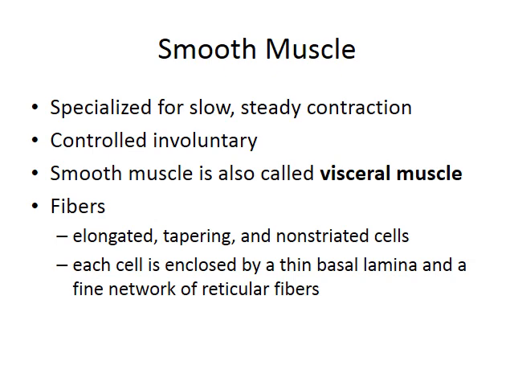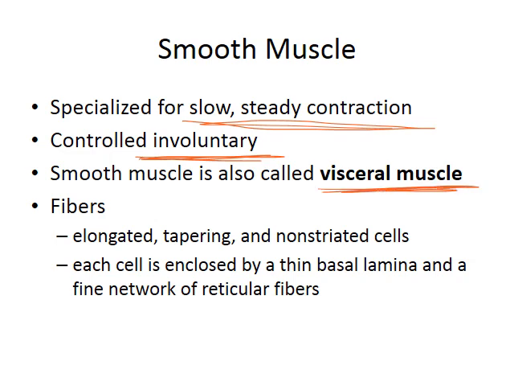So smooth muscle is our last type of muscle, and it's specialized for slow, steady contraction. It's going to be involuntary, just like our cardiac muscle. Our smooth muscle is also known as visceral muscle, so know that term as well as our smooth muscle term. The fibers are going to be elongated and tapered, whereas before they weren't in skeletal muscle, and they're going to be non-striated.